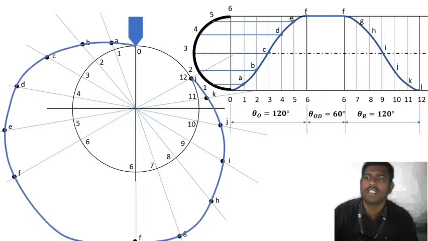You will go with simple arcs that have to be drawn from 0 to 12. There is no need for a compass. I repeat it again: you just draw with your own hand in freestyle itself. Connect those points like a spline, and that should complete the cam profile of the given machine.